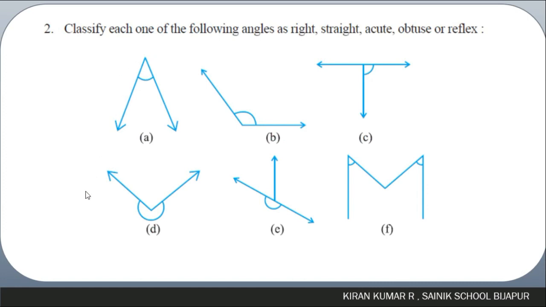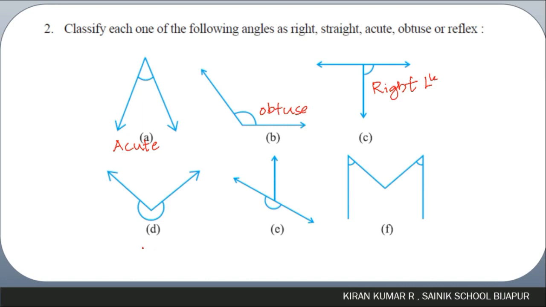Classify each one of the following as right angle, straight angle, acute angle, obtuse angle, or reflex angle. First one is an acute angle. The angle measure is less than 90 degrees. Second one is an obtuse angle. The angle measure is more than 90 degrees. The third one is a right angle. The angle measure is exactly 90 degrees.